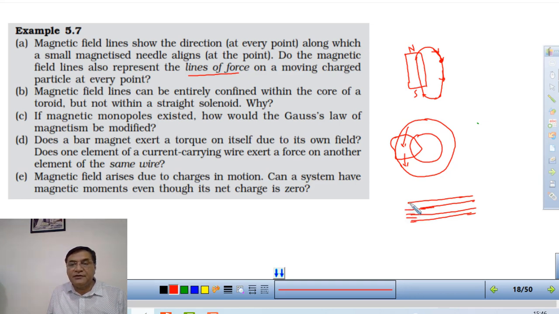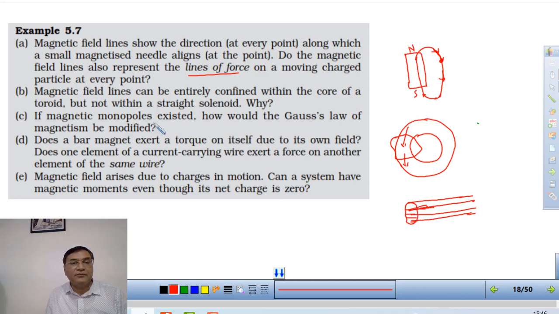Suppose I take one closed surface, then field comes out from this but does not go inside. This is not possible. Here it can happen. That is why it cannot be confined.